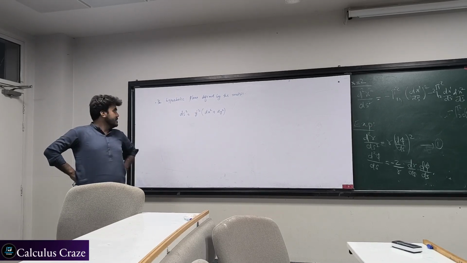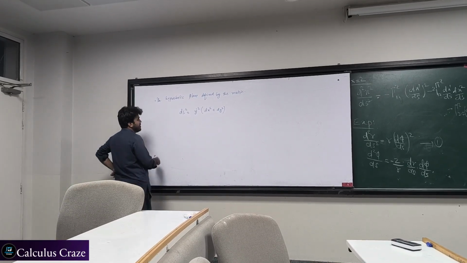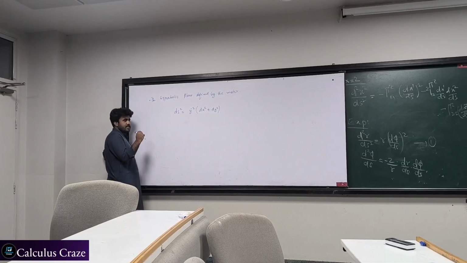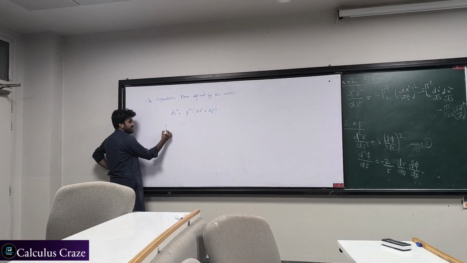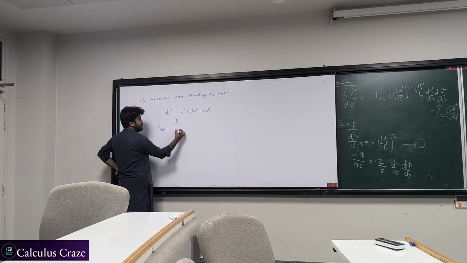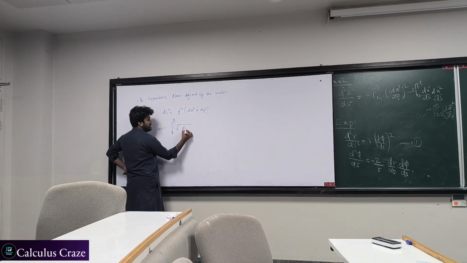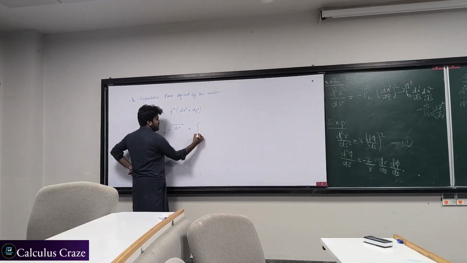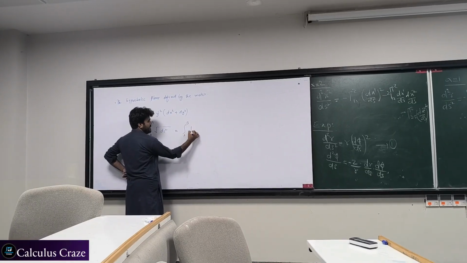So we want to see what the geodesics are. First of all, we need to define s, which is the length from a to b, and you all know that this is given by the metric. So this can further be written as the integral from a to b.